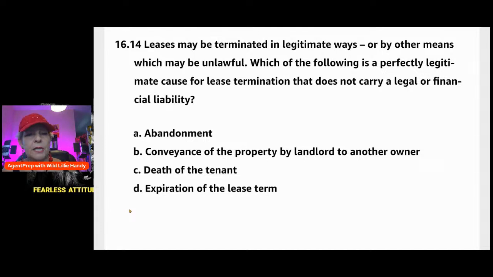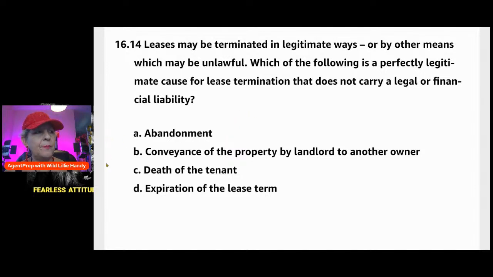So number 14. Leases may be terminated in legitimate ways or by other means, which may be unlawful. Which of the following is a perfectly legitimate cause for lease termination that does not carry a legal or financial liability? So which one does not carry a legal or financial liability?